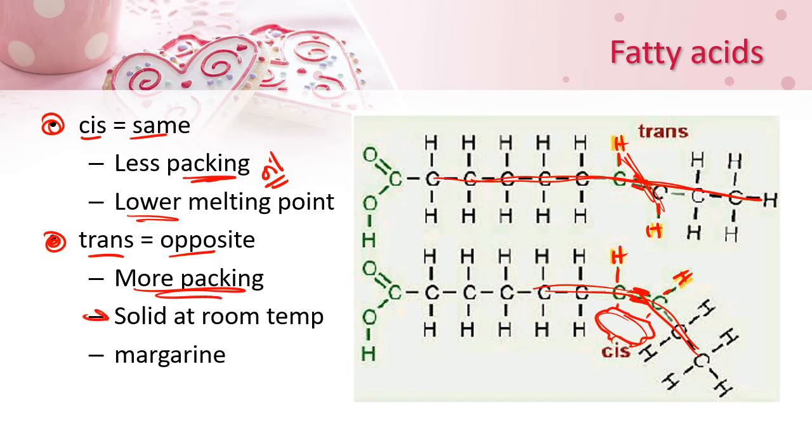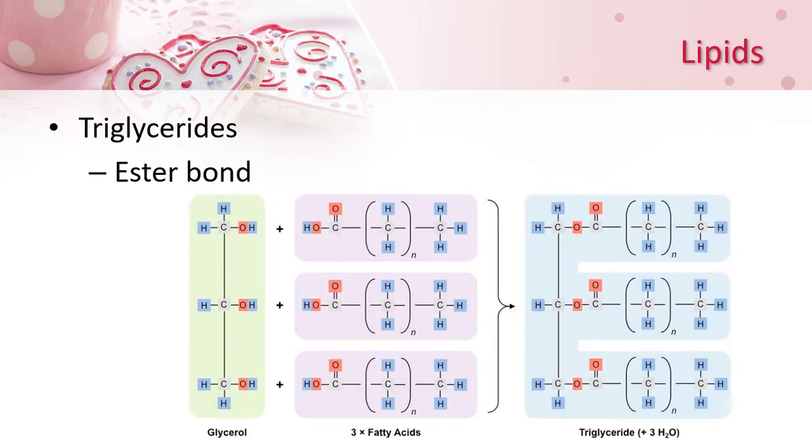They're more likely to be a solid at room temperature, and this is where we get our amazing margarine. And so even though these guys are like, hey, we're made from olive oil, well, but we made the olive oil a trans unsaturated fatty acid, and these are not as good for us as are our cis fatty acids. Good? Good.